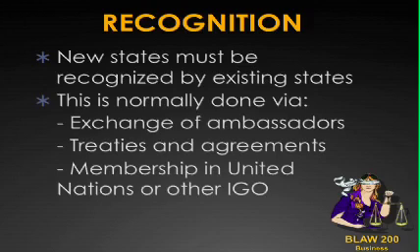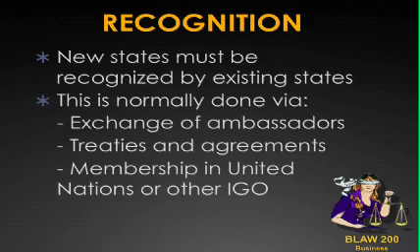Okay, now in recognition, we're talking about existing states recognizing a new country. Again, we saw this in Yugoslavia. Several countries came out of that. So there are these realignments that happen. There are nations that used to be territories that have been recognized. They've been granted independence from the original colonizing power.